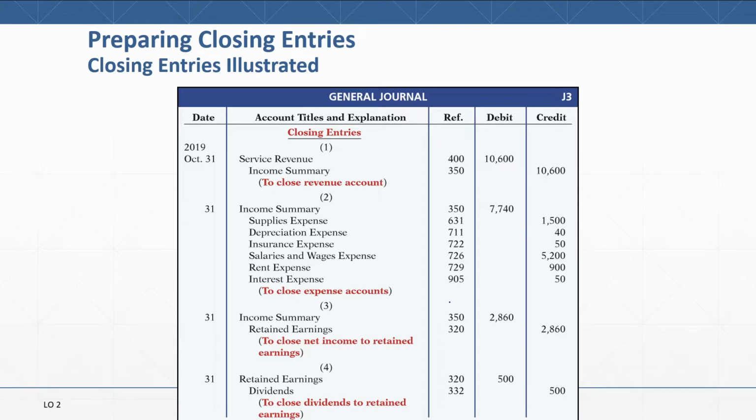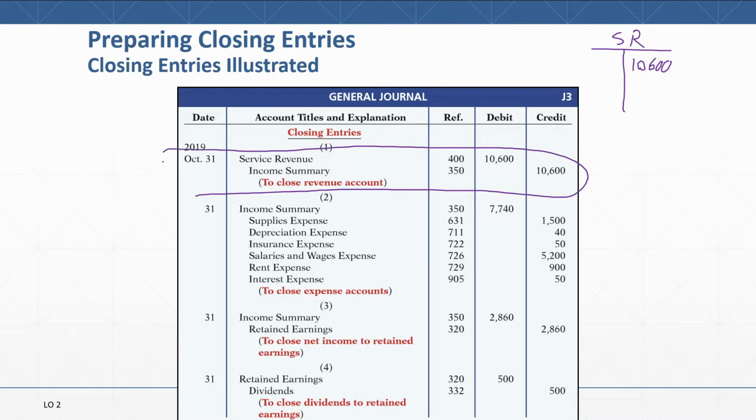And here we can see the journal entries. Let's see, for example, how service revenue is closed. As you remember, service revenue had a before closing balance of 10,600 credit. So here, this journal entry, this line here, we see that we are debiting service revenue 10,600.